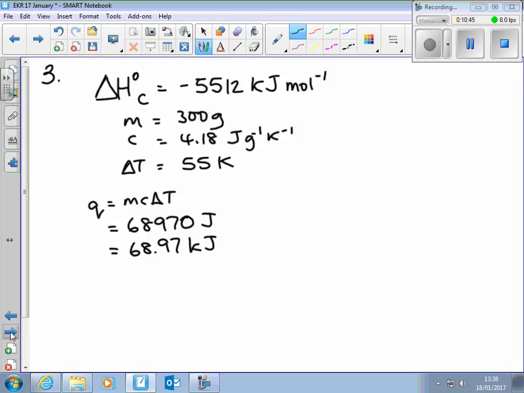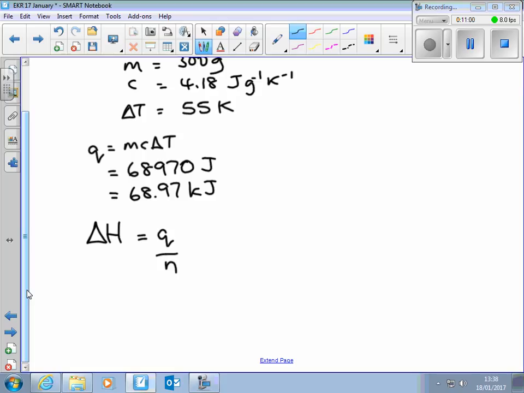The next step is to think, well, what else do we need then? We're given the delta H, and delta H is Q divided by n. Actually, we've been given the delta H. Here is where we don't need the minus sign, because it would give us a negative number of moles, so it's pointless.